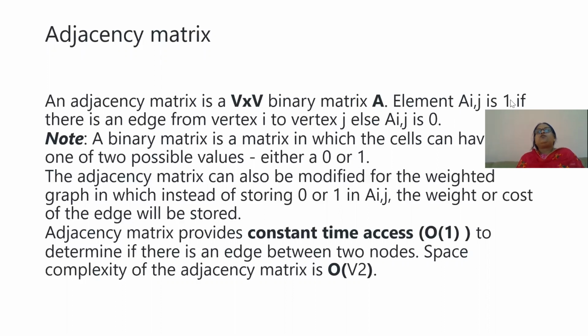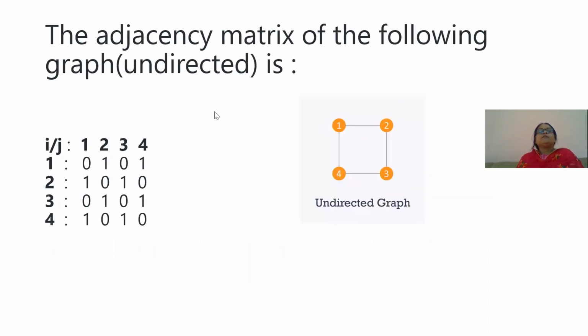Element Aij is 1 if there is an edge from vertex i to j. Consider the adjacency matrix of the following graph. There are 4 nodes, so there are 4 rows and 4 columns.